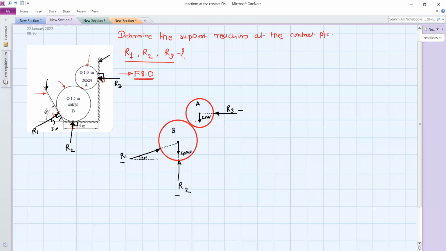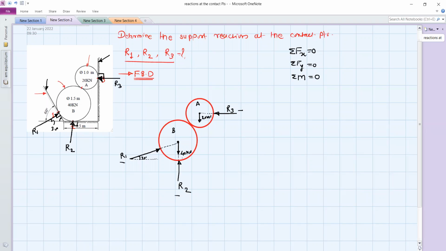Okay. Next step is we have to use the conditions of equilibrium. So we have three conditions: summation Fx equals 0, summation Fy equals 0, and summation of moment equals 0.